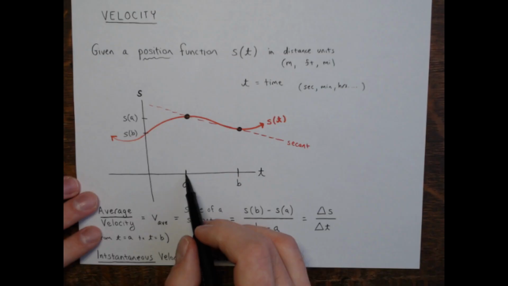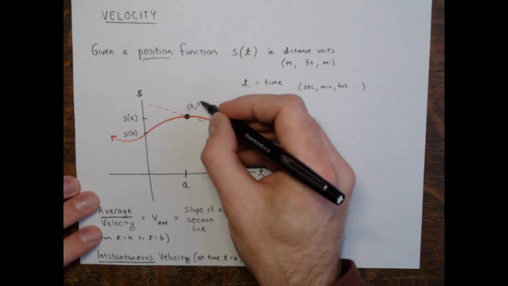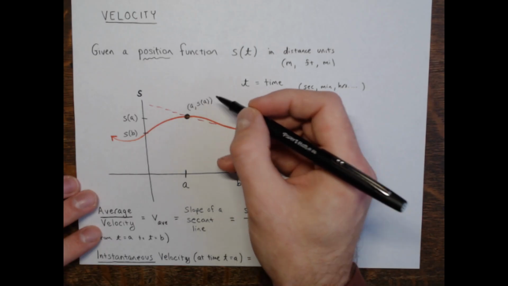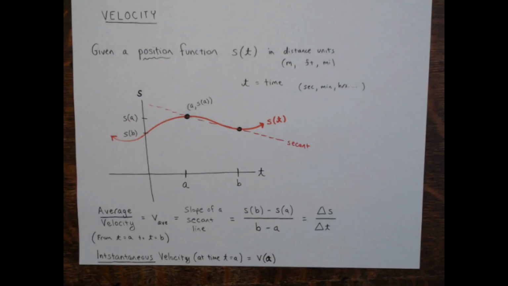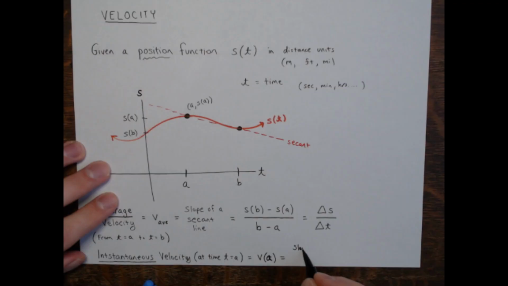So here's time a. So again, I'm at this point a, comma, the position at a, s of a. This instantaneous velocity at a particular point, one moment, is your slope of the tangent line there, or the derivative.